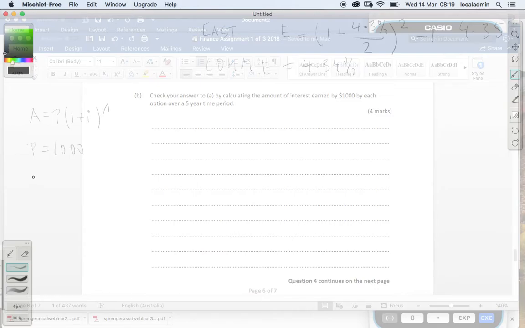Now remember that it is actually the nominal one that is used in those compound interest questions. So we have an interest rate for Any Bank, we have an interest rate for Eastpak, and we have an interest rate for Combank.